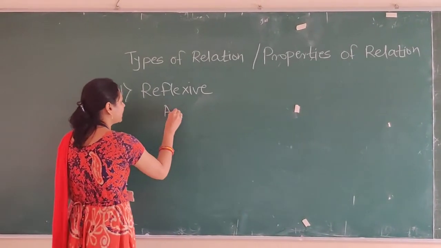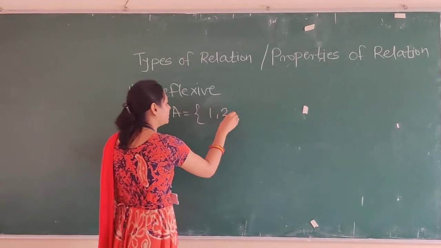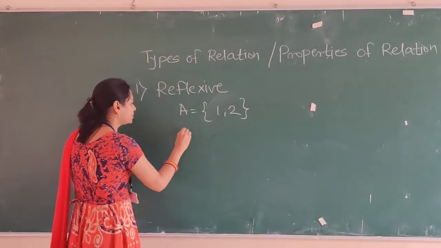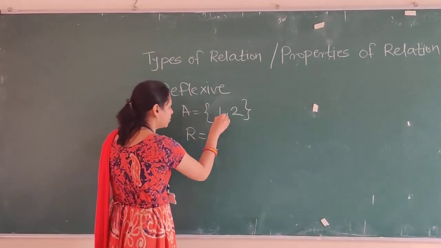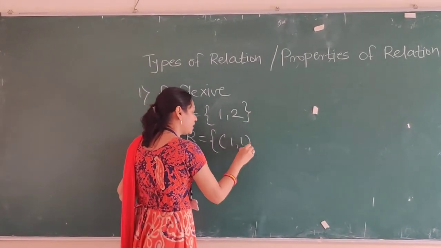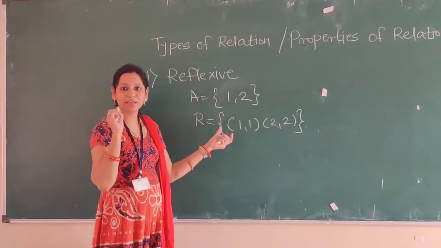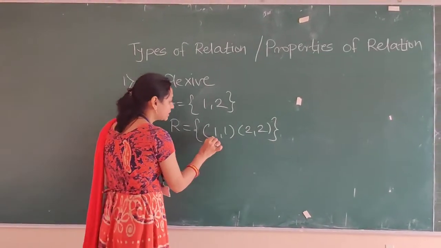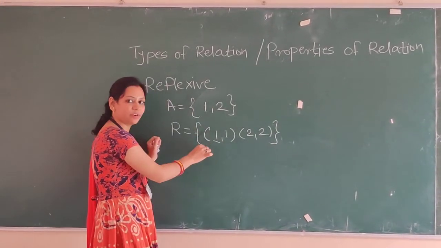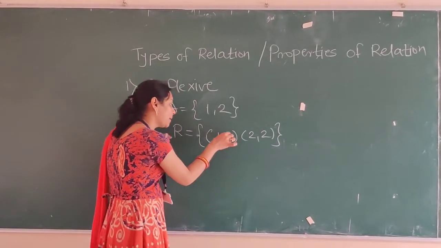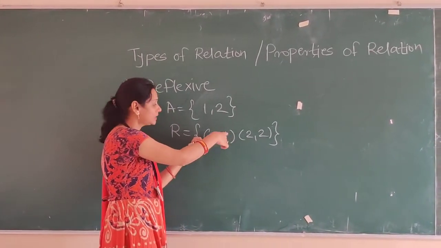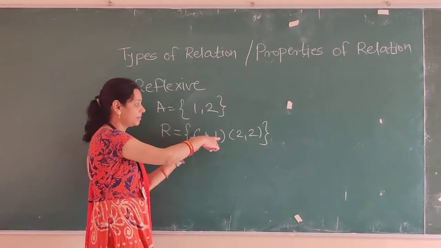Suppose we have set A as 1, 2, and suppose we have a relation which contains the elements (1,1), (2,2), then it is called the reflexive property. Why? Because this is 1 which is an element of it, and this one is the mirror image of this. It is the reflection of this particular element.